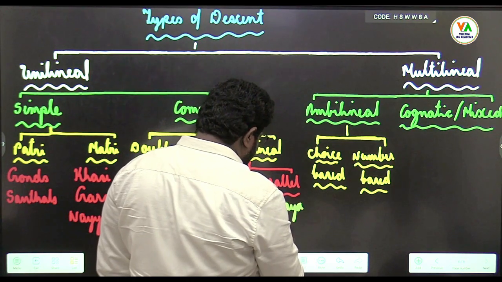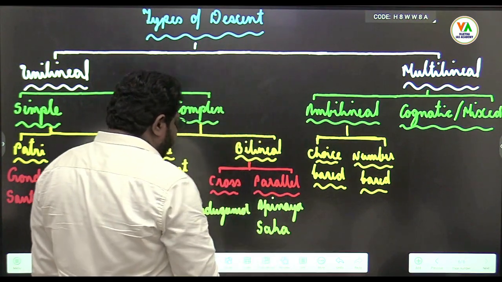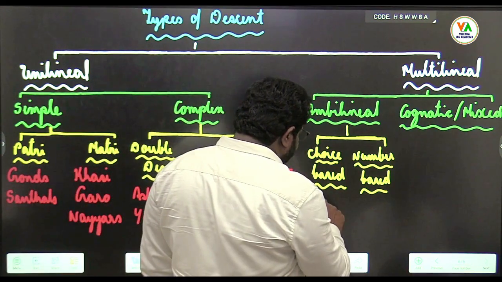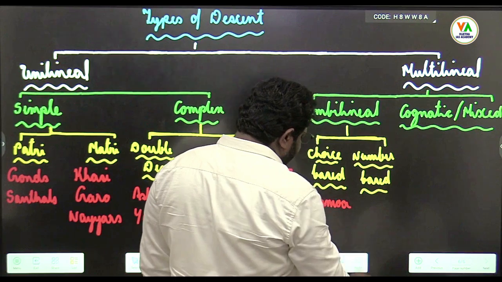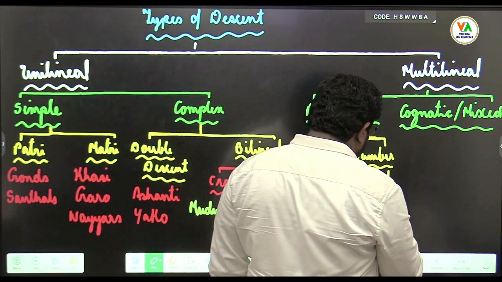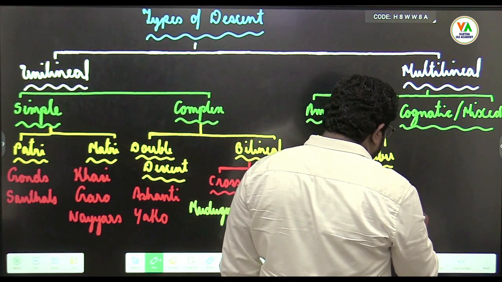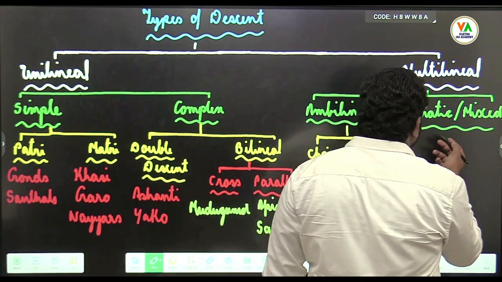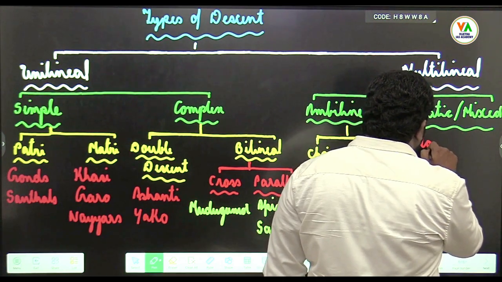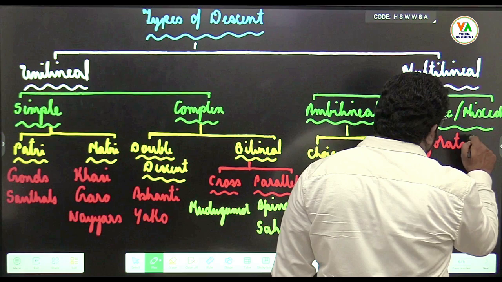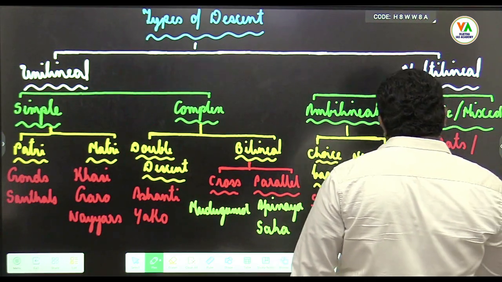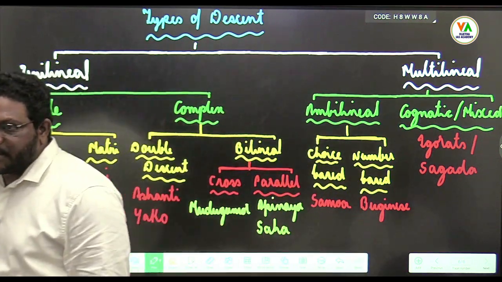Apinaya, Saha. Choice based, you have Samoans of Polynesia. Number based, you have Buginese. These are in Philippines. Here, cognatic, generally modern societies, and some primitive societies like Igorots and Sagada also practice this cognatic or mixed type.